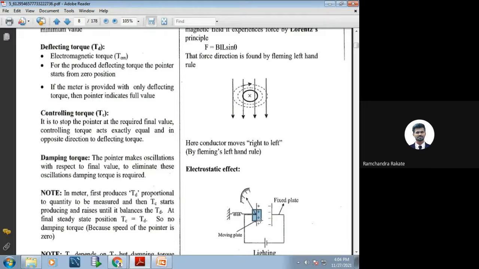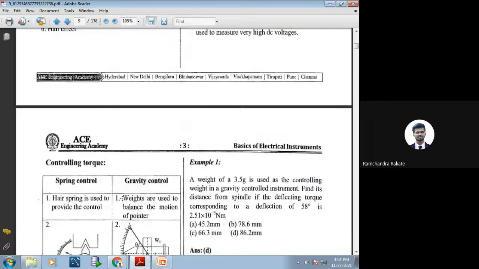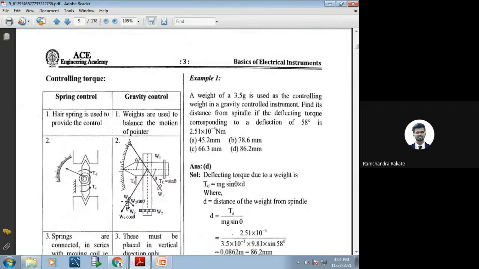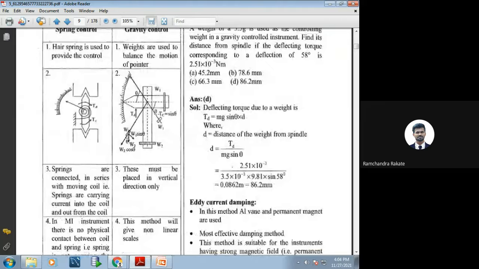So in this spring control mechanism, or spiral mechanism, we have attached this spring to this moving pointer. Let me check whether the same diagram is here. See, what is this W1?